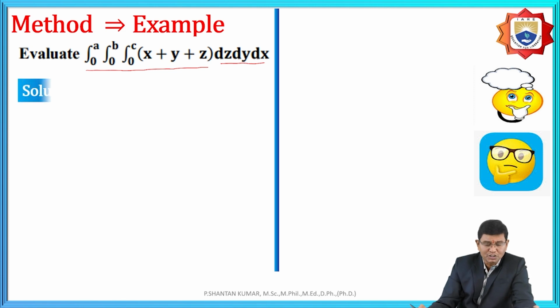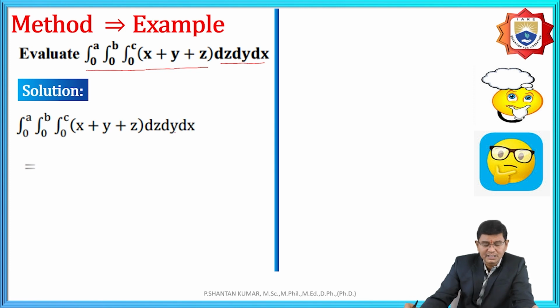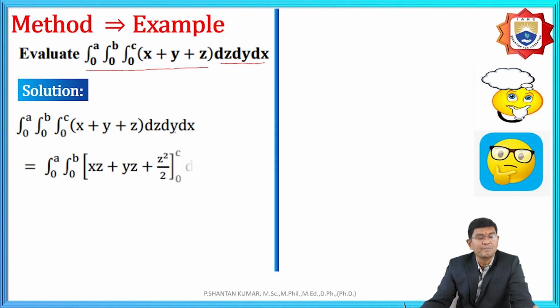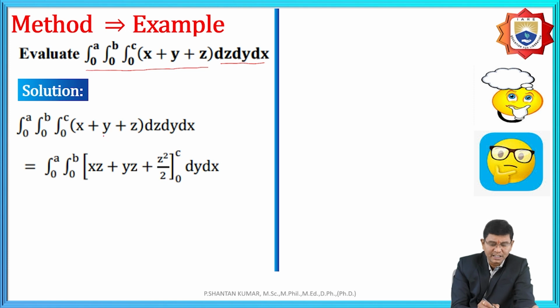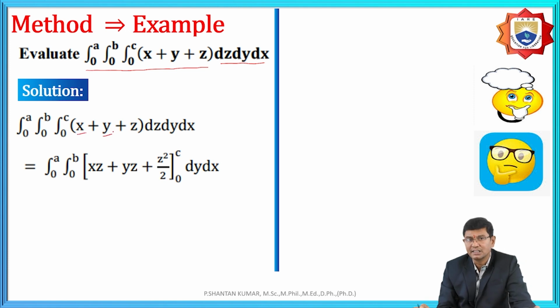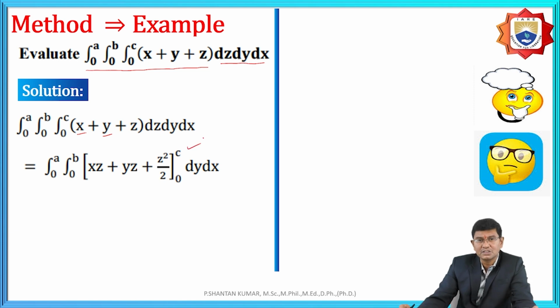While we assume here, for example, if I take first integrating with respect to z, that means x is treated as a constant, then 1 with respect to z is z, plus y is also constant, 1 with respect to z is also yz, and z integrating is z square by 2, and again the limits are z equals 0 to c.